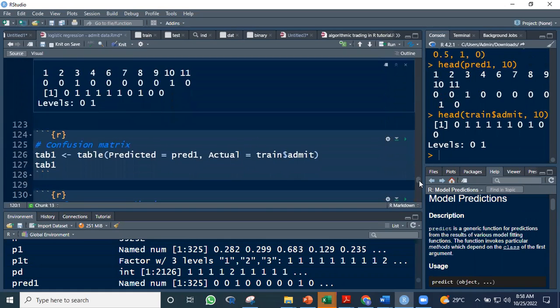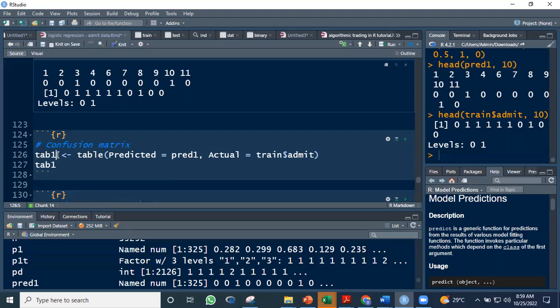Okay. So let's now create our confusion matrix. So what's a confusion matrix? A confusion matrix is a table that shows ano yung tamang prediction natin at saka ano yung maling prediction natin. So let's take a look at the syntax.